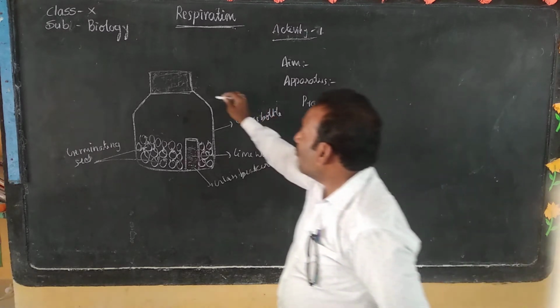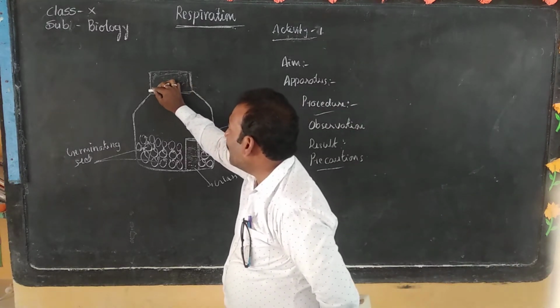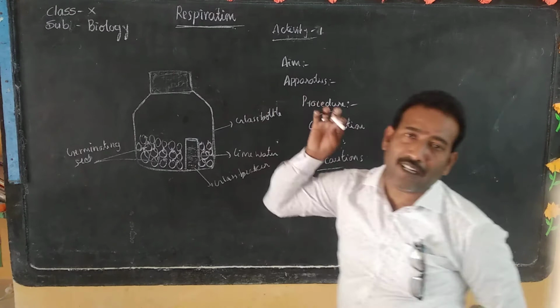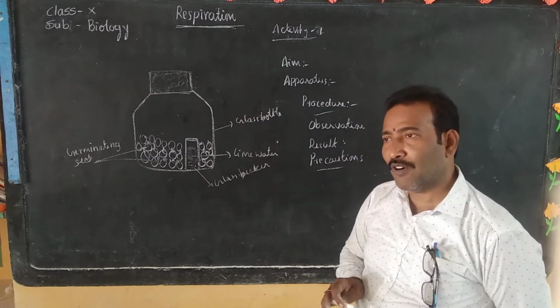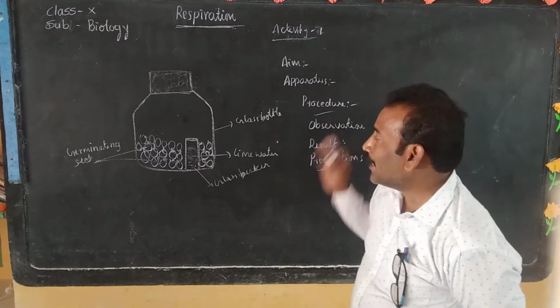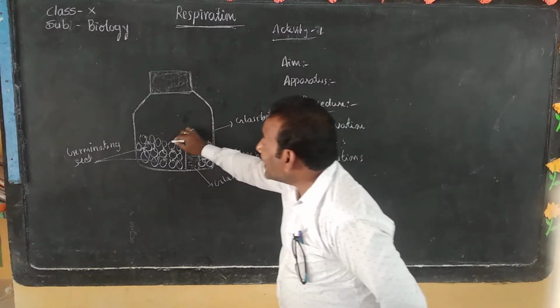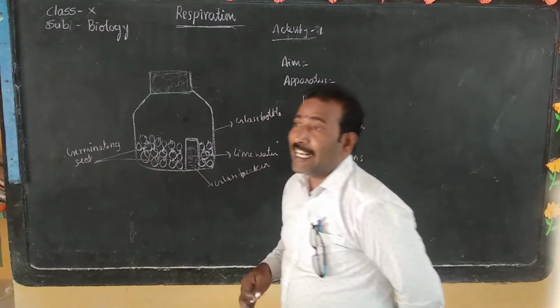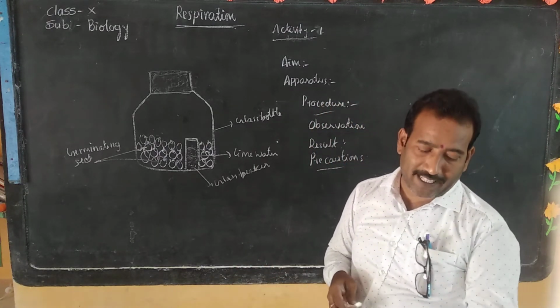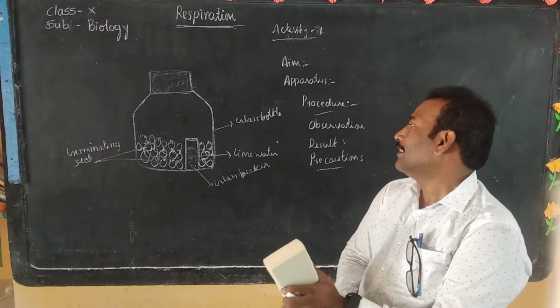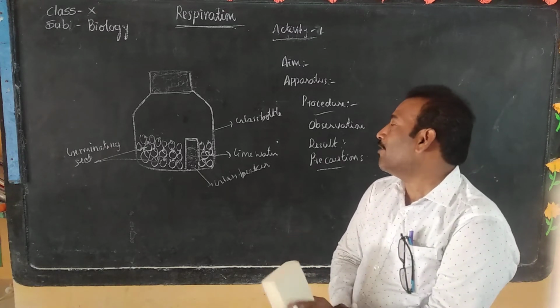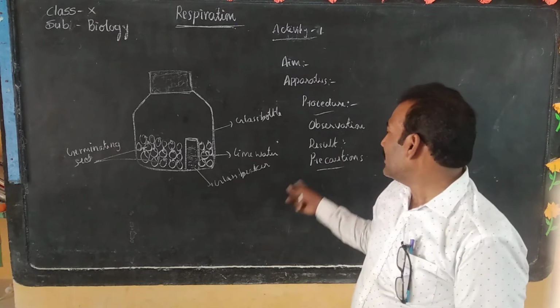And next one, we should fix the rubber stopper to the mouth of this wide mouthed glass bottle. And next precaution, we should take germinating seeds only. Why? Germinating seeds only will respire. Dry seeds do not respire. So these are the precautions.